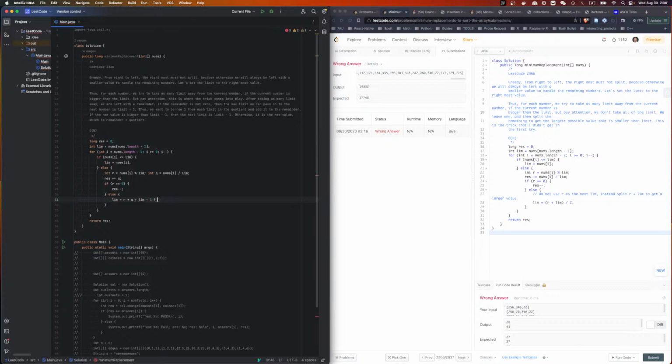If it's larger, then it can be limit minus 1. If it's smaller or equal, then it's R plus Q. That's that. Oh, what happened? Can be replaced with math.min. Yeah, good one. Math min.